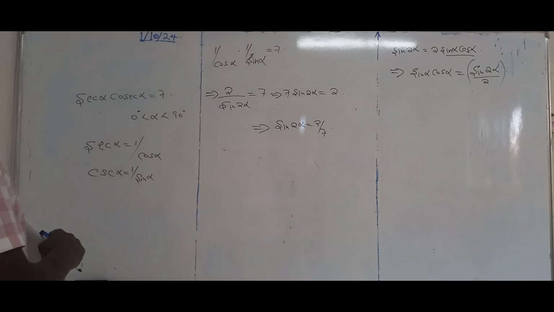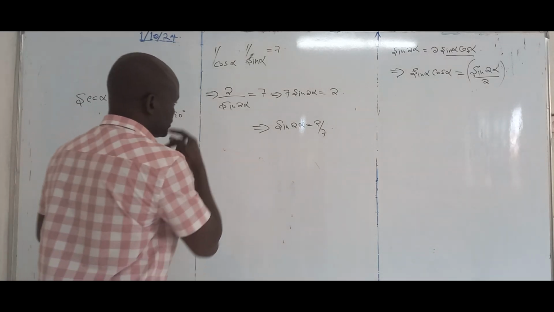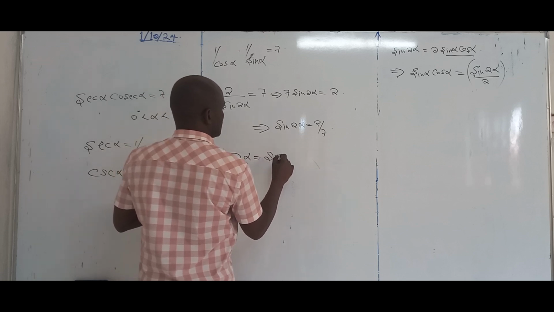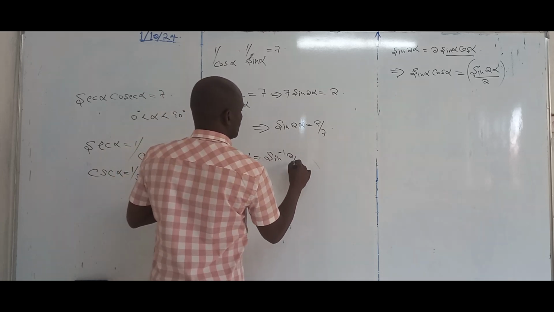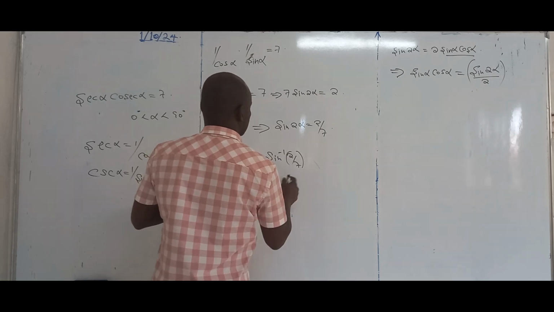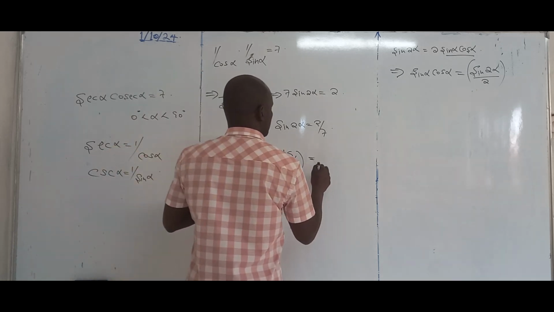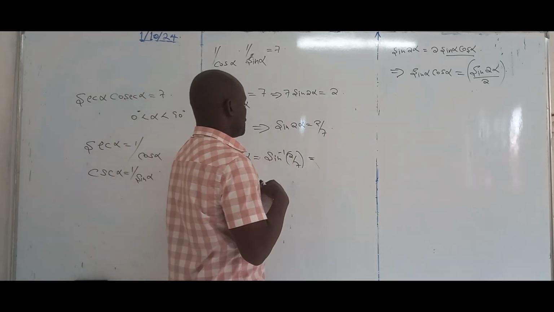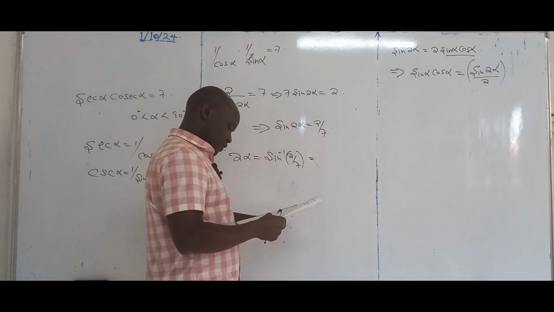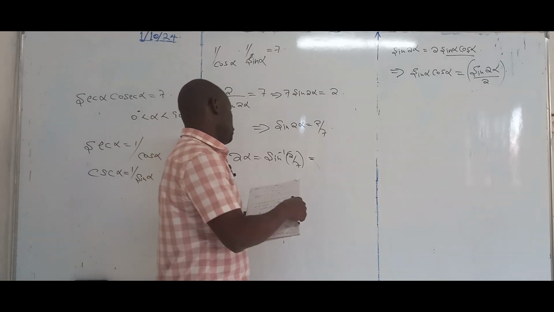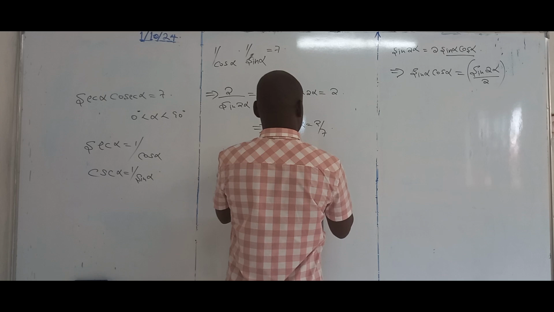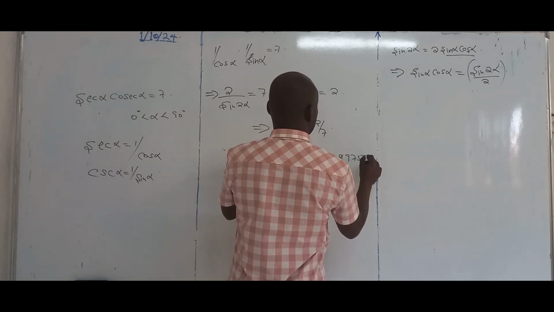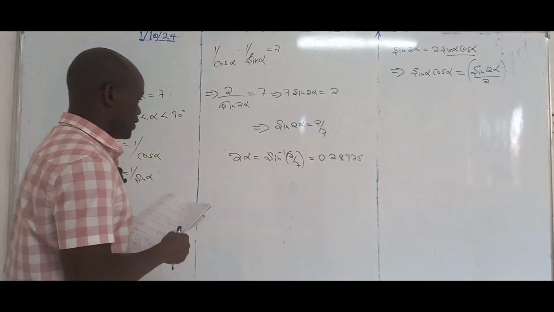So 2 alpha will be sine inverse of 2 over 7, which if you check from your calculator, you divide 2 by 7 and take the sine inverse of that, you'll find it to be around 0.28975. You need to check this using your calculator.